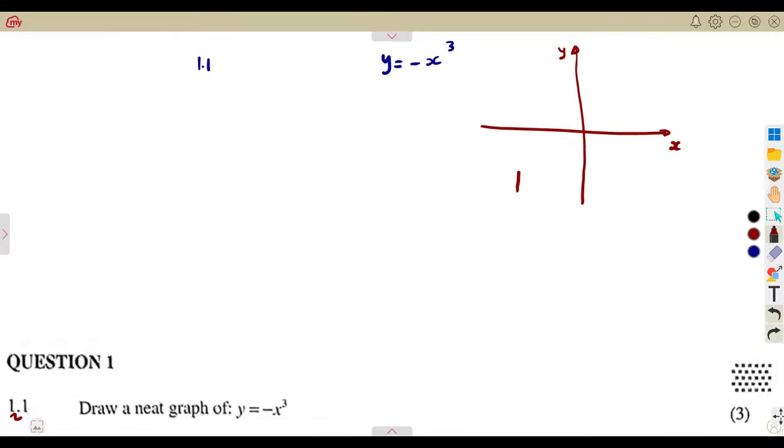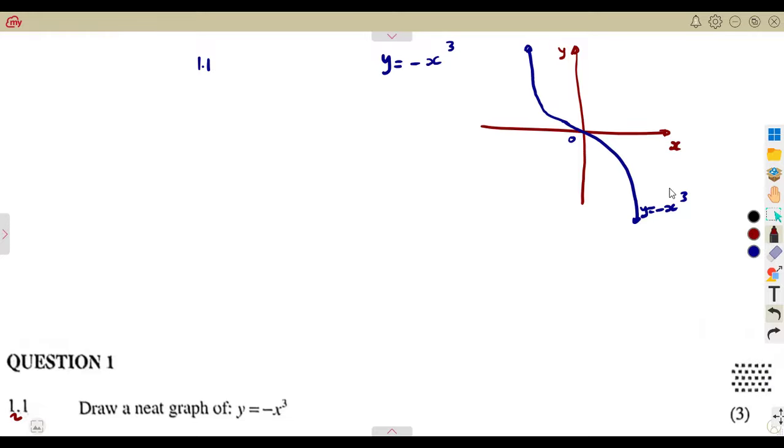So this is the one that you will obtain in the negative region. It opposes the one that you are used to in this negative region. So this is what you're going to have approximately, something like that, okay? So that is passing through the point 0. That is y is equal to minus x cubed.